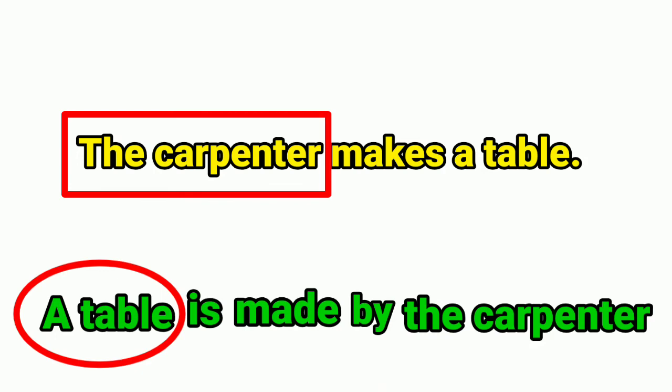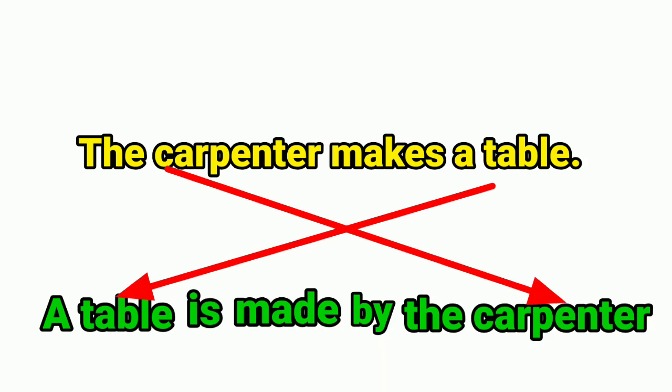In passive voice, the object of the corresponding active sentence becomes the subject of the passive sentence.